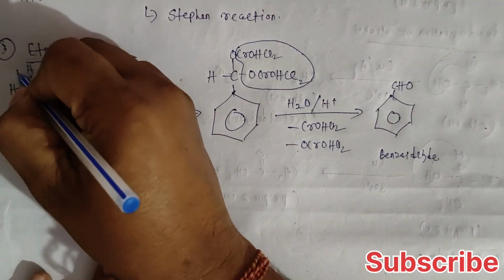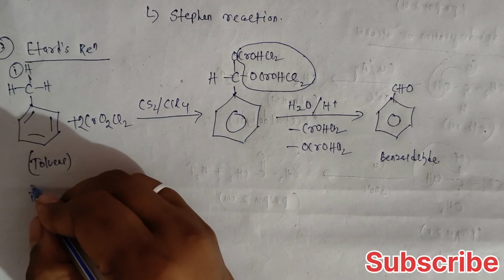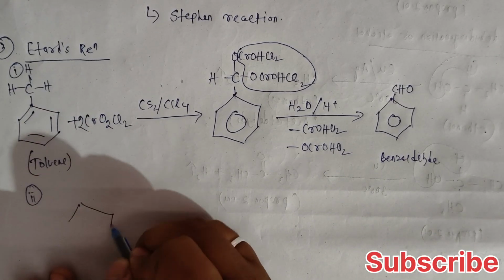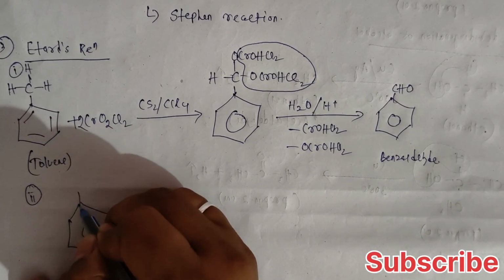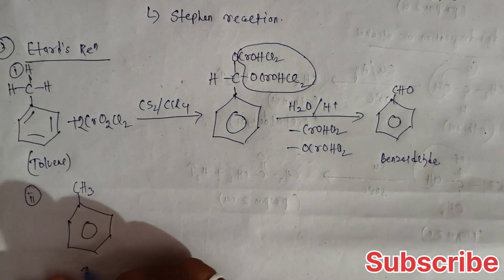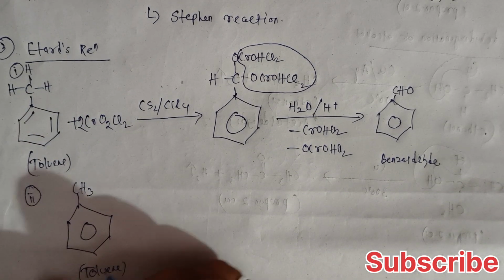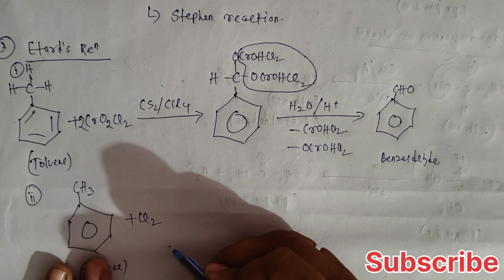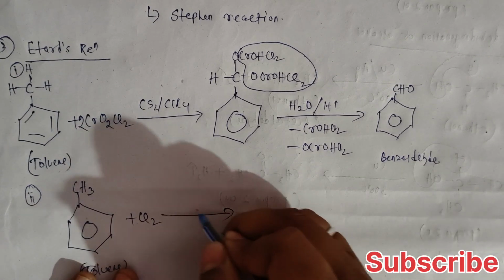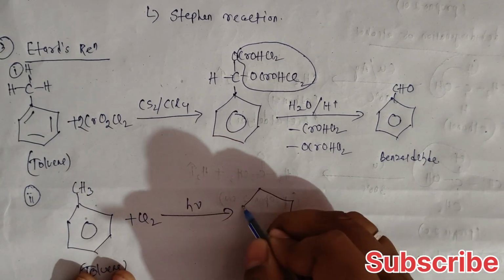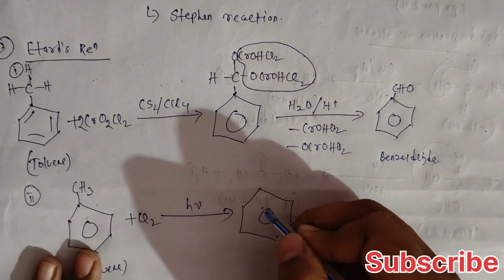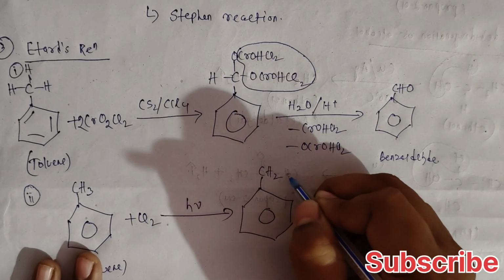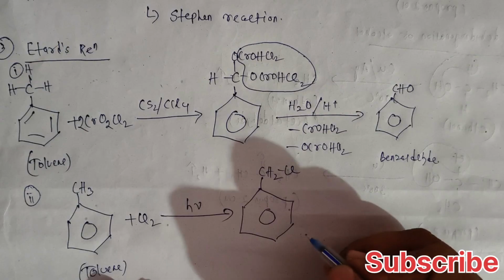Now this is point number two. What will happen if I take toluene and do chlorination in presence of sunlight? It will get converted into benzyl chloride, with the formula like this.